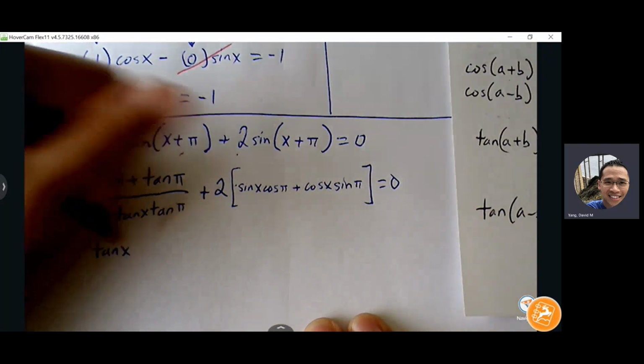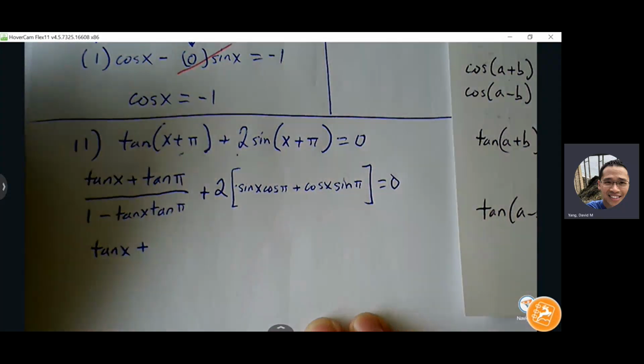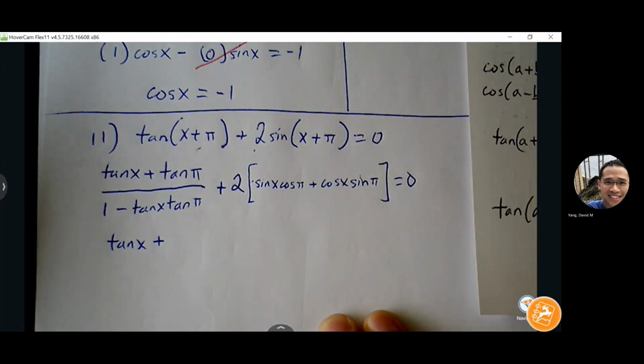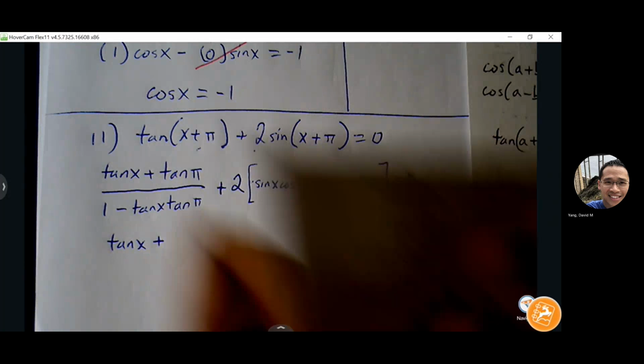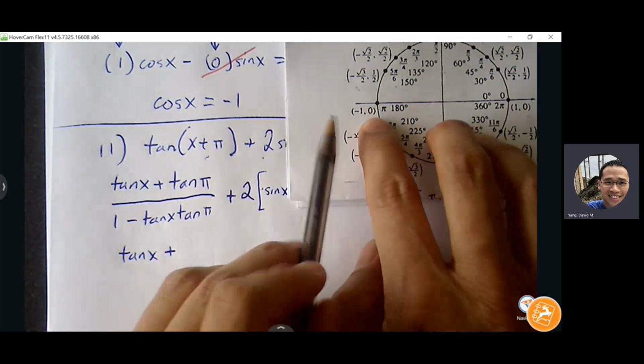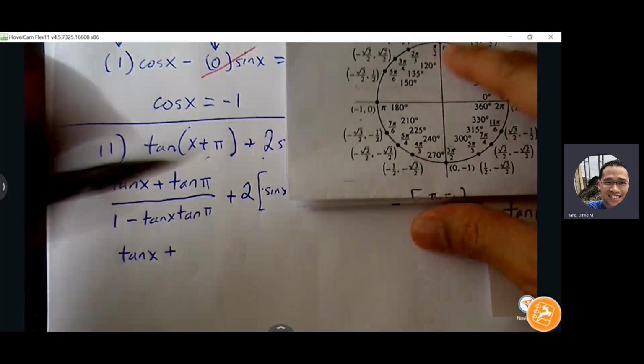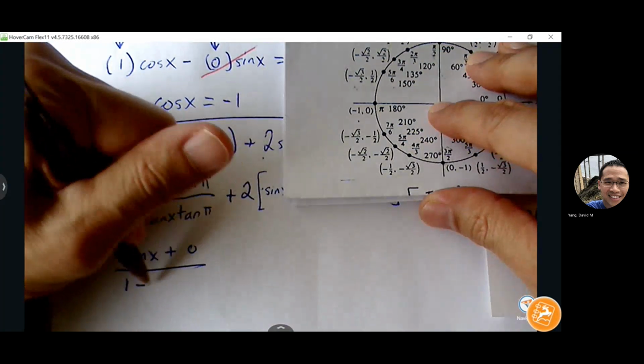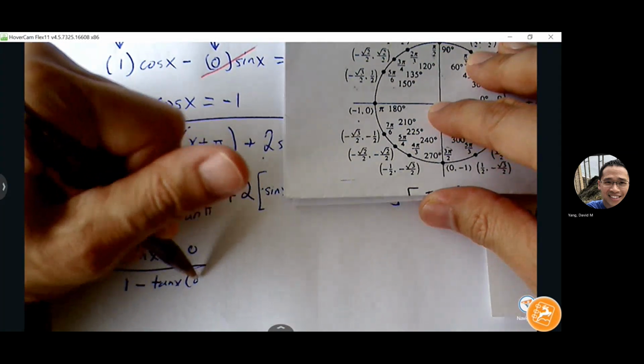I'm going to clean up as I do this. What's tangent of pi? Yep, good. Tangent of pi is just 0, right? Y over x, 0 over -1 is 0. So that's nice.